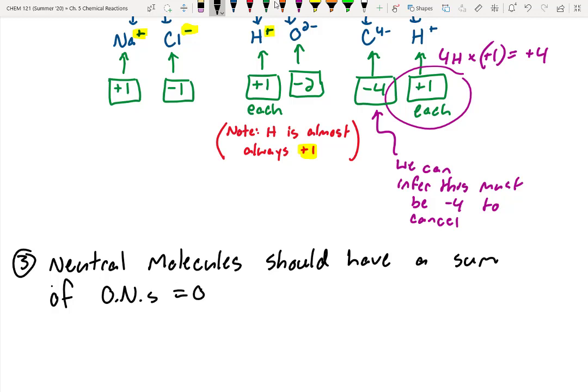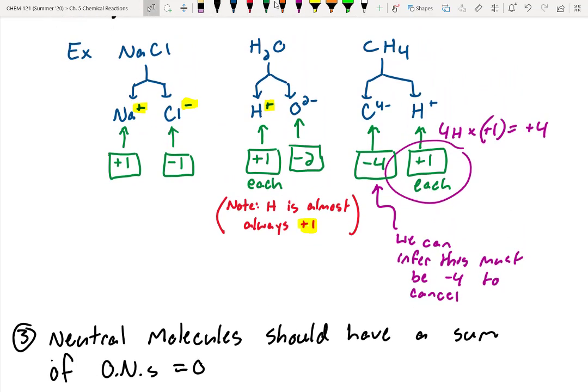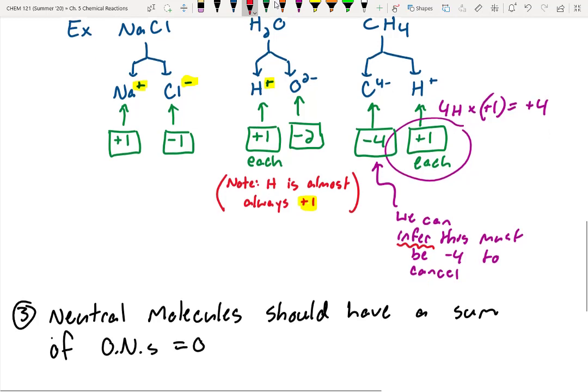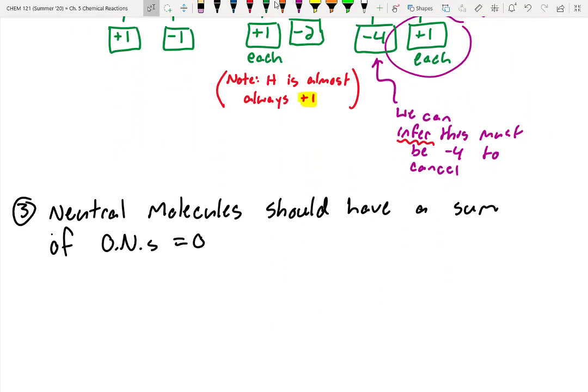So the example we gave up above was methane, right? With methane, we didn't know the charge of carbon. We had to infer the charge of carbon by looking at the charges of everything else that we were positive with. All right, but we were able to do that by knowing that everything should cancel out. But this only works for neutral molecules.